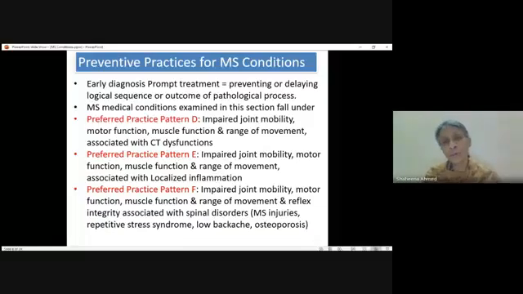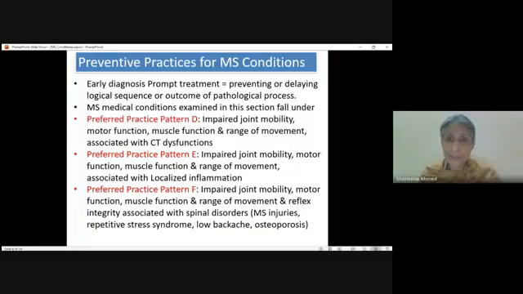Now, according to the outcome and the preventive measures, the musculoskeletal conditions have been divided into three groups. First group is preferred practice pattern D, the other is pattern E, and the third is pattern F. In all these three patterns, four conditions are definitely present.